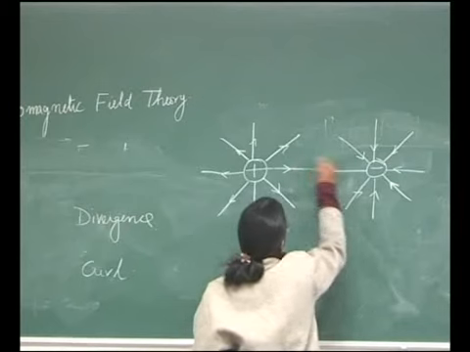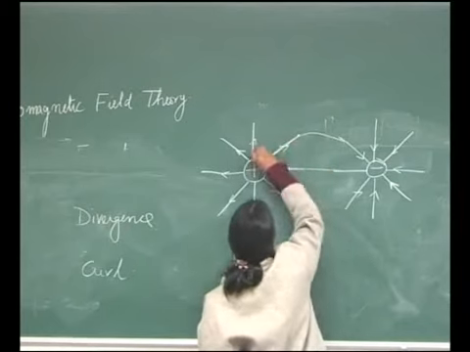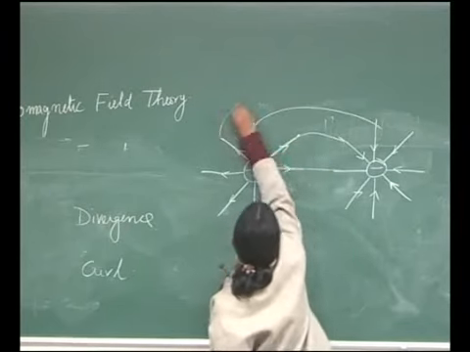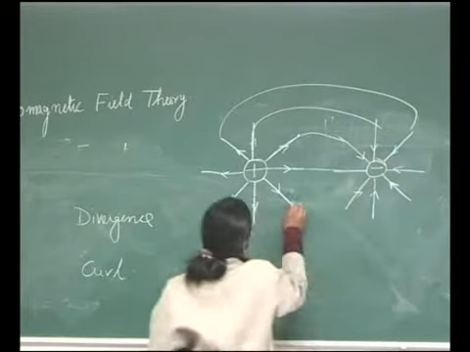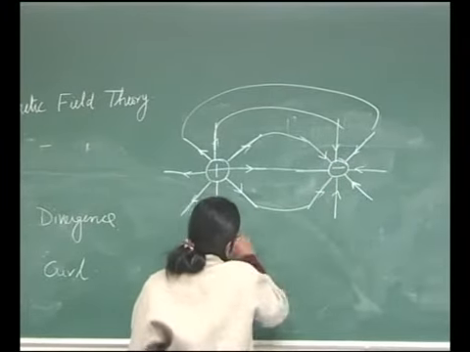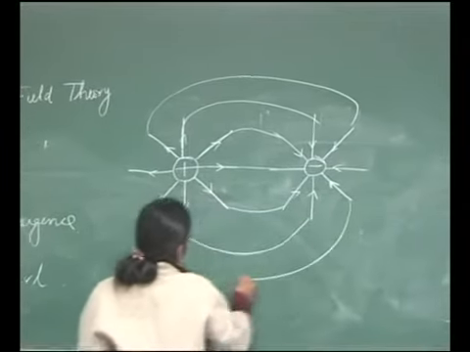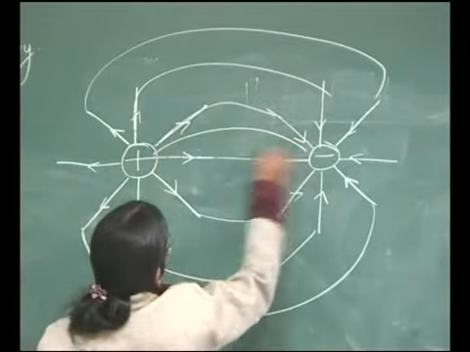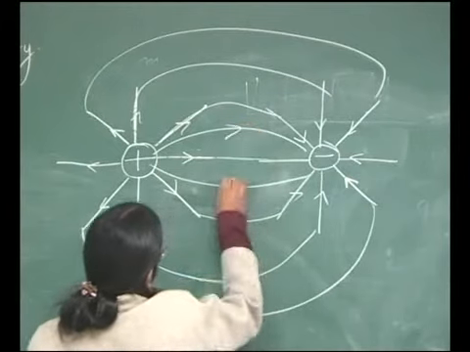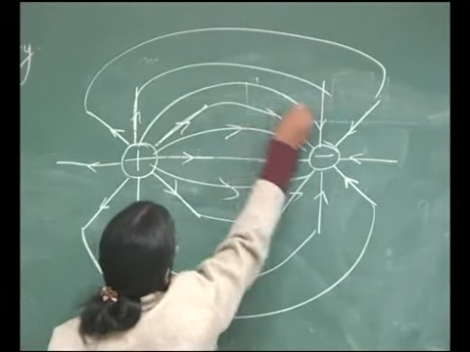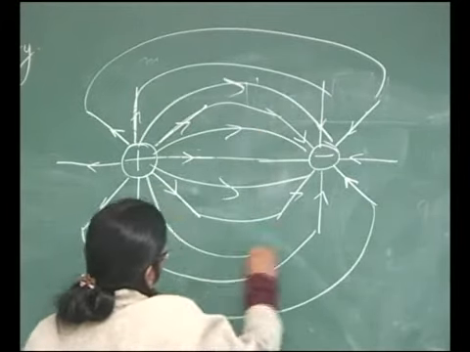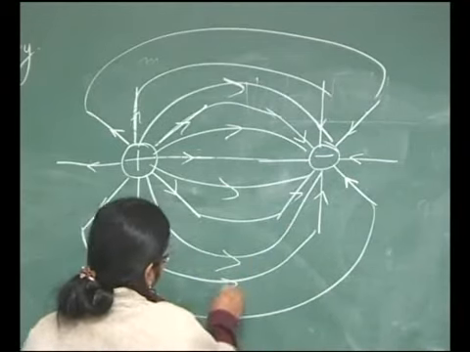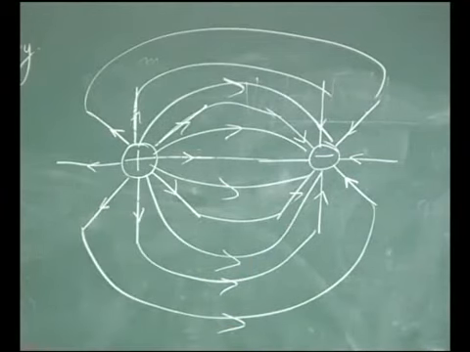When they are closely spaced, the field lines go like this: they originate at a positive charge and terminate at a negative charge. This is the field pattern.